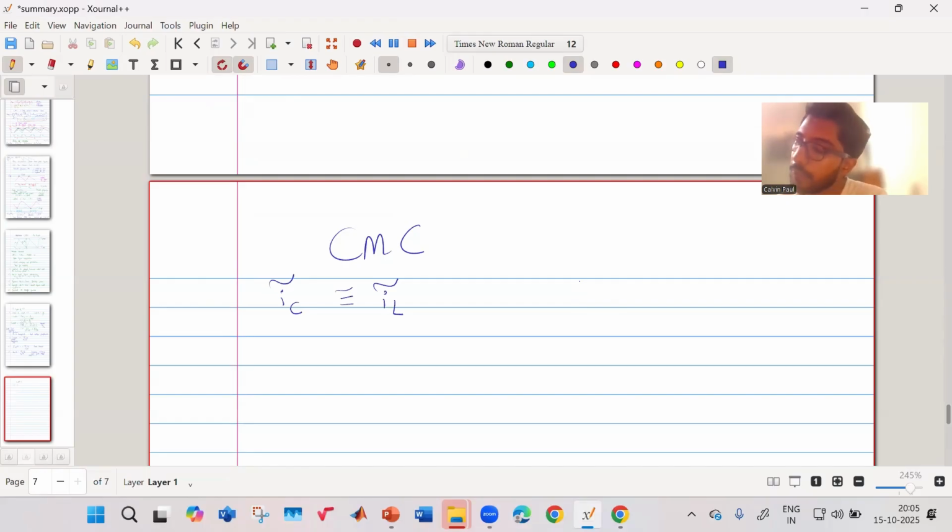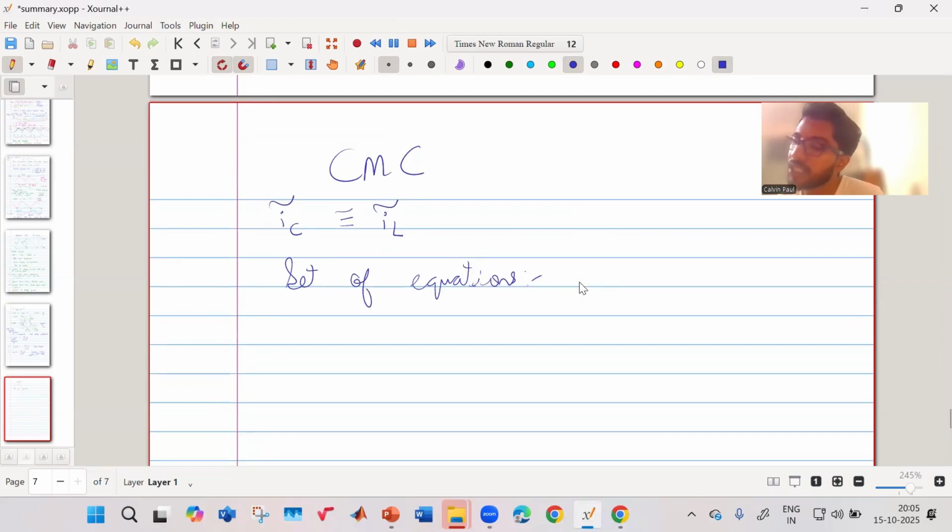When you do that, you will get a set of equations. I hope you remember you had some question where you have your IC per term equal to A into your V output per term plus B into your V in per term plus C into your D per term, or something like this.